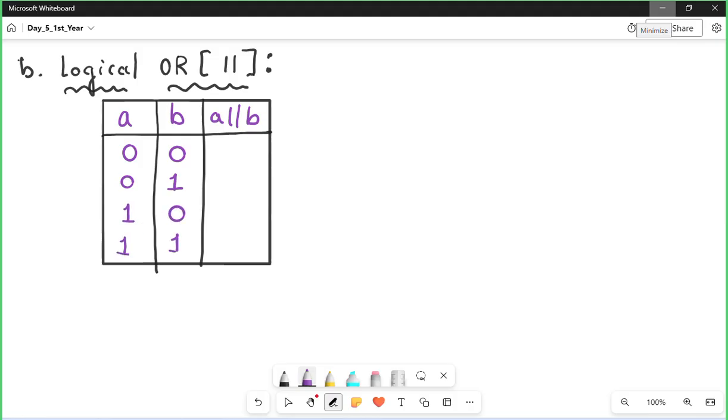So the 1 in the input is called non-zero only for logical operators. Now the output will be 0 1 1 1.